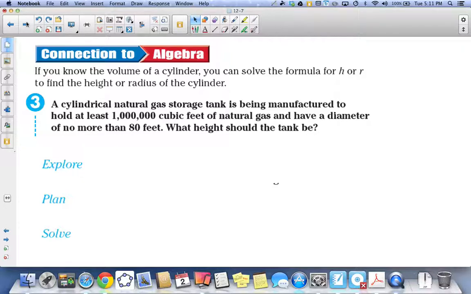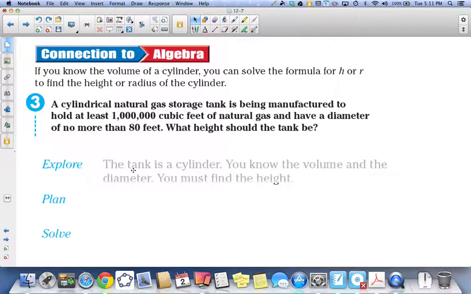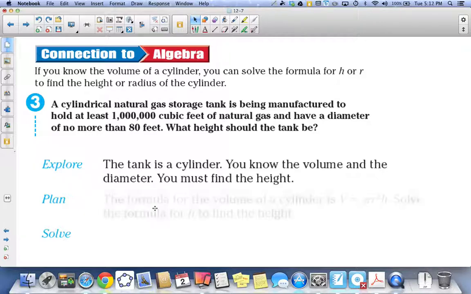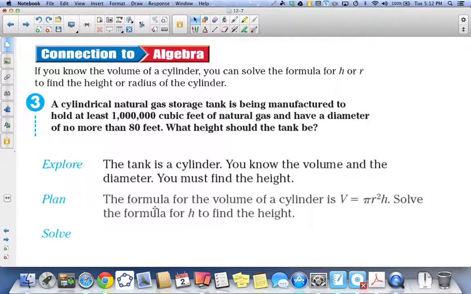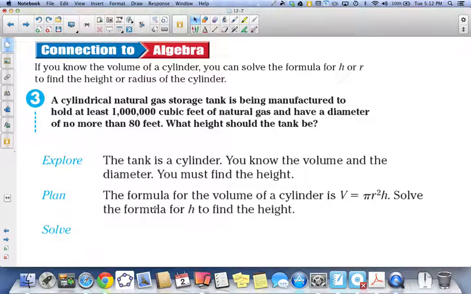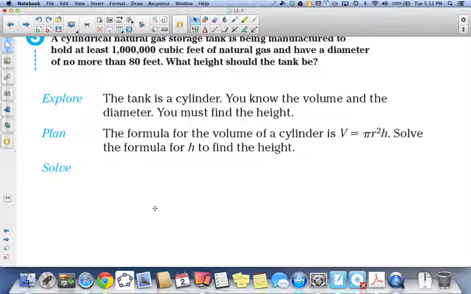What do we know? The tank is a cylinder. You know the volume and the diameter of the tank. You must find the height. So the formula for volume is pi r squared times h. Solve the formula for height to find the height.